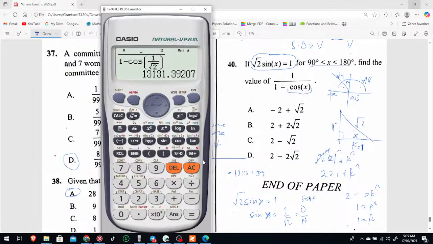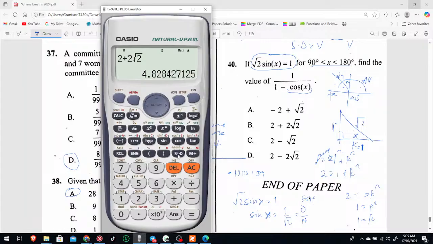So let's punch these values and see if we get it. So negative 2 plus root 2. Let's punch the decimal and see if we get that value. We don't get that value. Okay. 2 plus root 2. 2 plus 2 root 2.